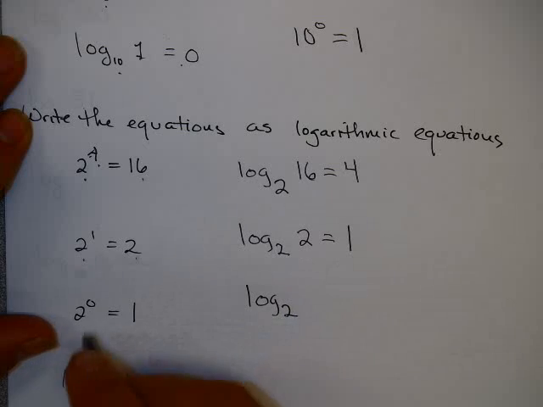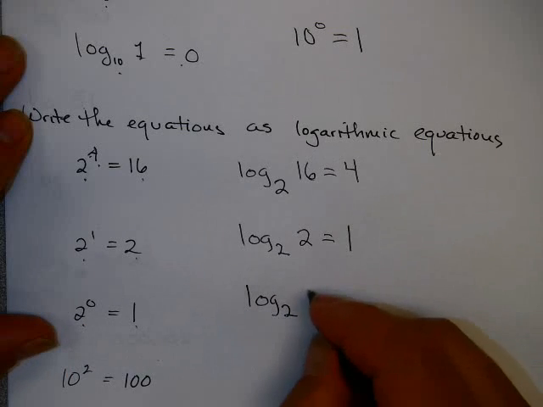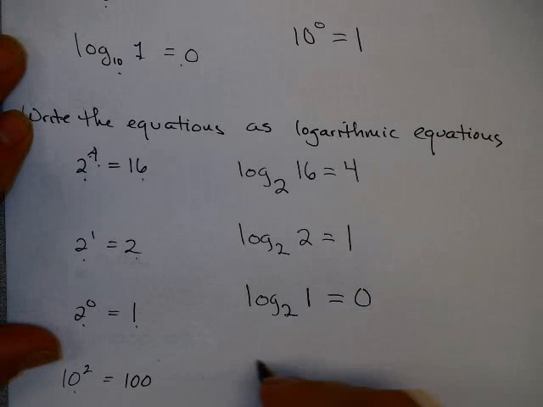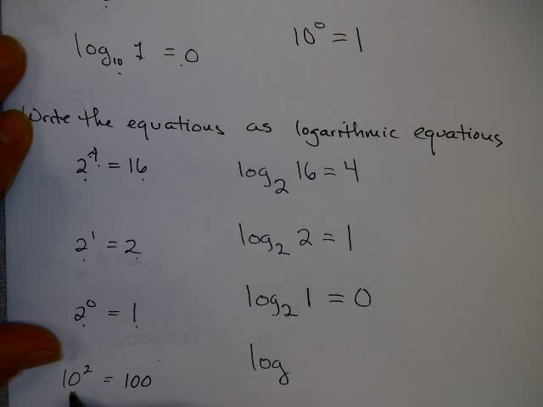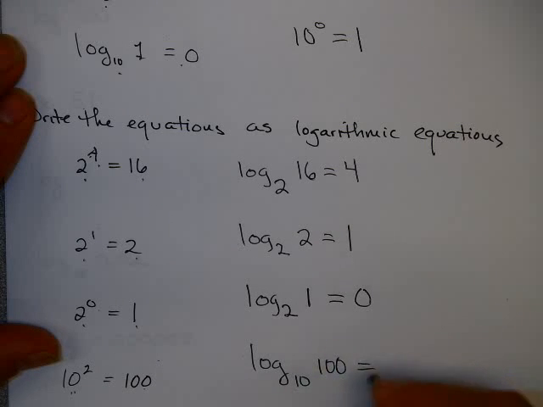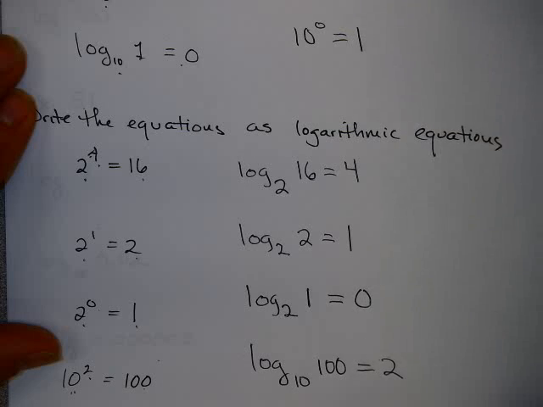Log base 2, again, of my answer, which is 1. My exponent is 0. Log base 10 of my answer, which is 100. My exponent is 2. So be very familiar with this relationship between logarithms and exponential equations.